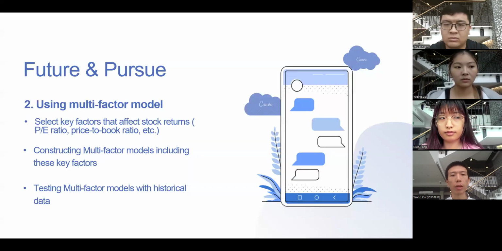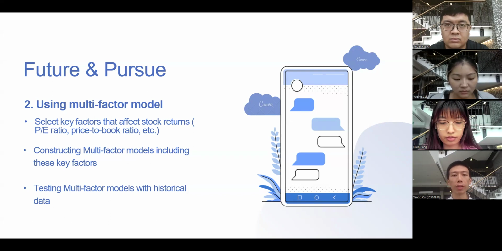We will select these key factors and build a multi-factor model that includes them. Then we will use historical data to test this model to see how well it can predict future stock prices. This step is very important for us because it can help us more accurately assess the value of stocks and potential investment returns.